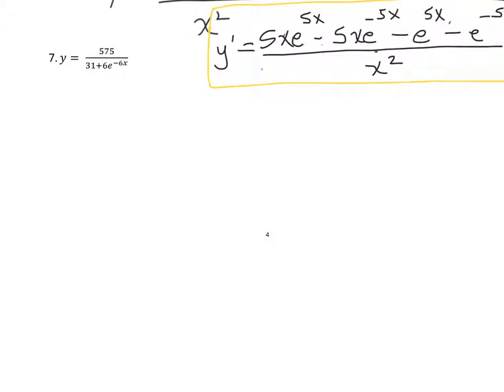When we take the derivative of the numerator, that derivative is going to be 0. And when we take the derivative of the denominator, that's going to be 0 plus -6, which is the derivative of this power, times 6e to the -6x.